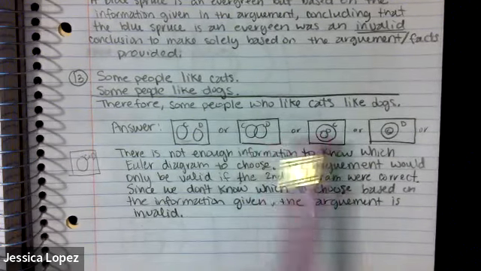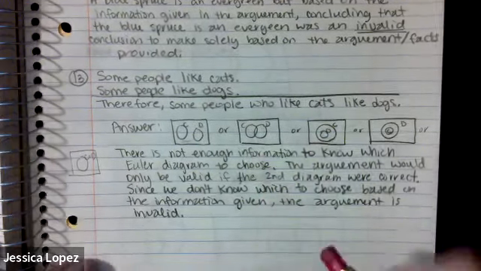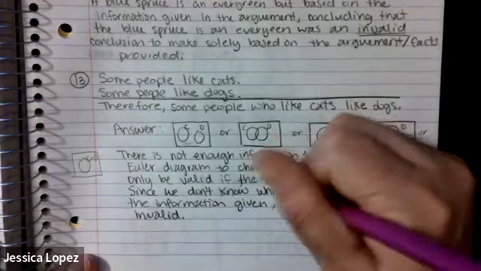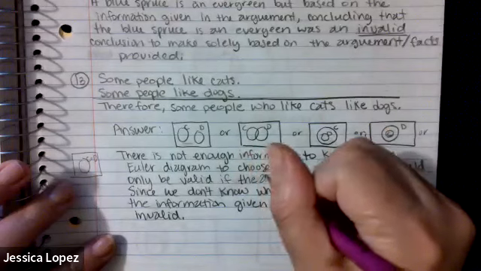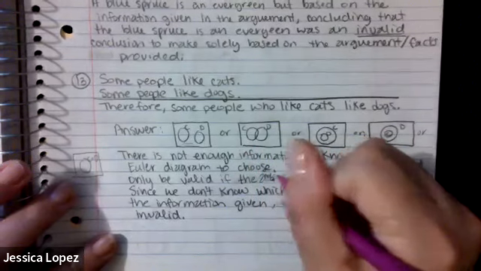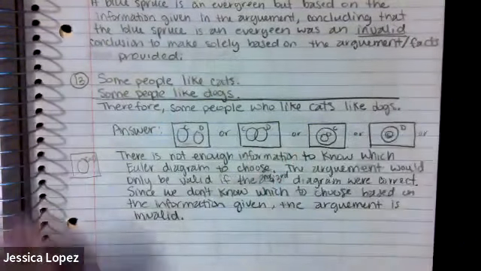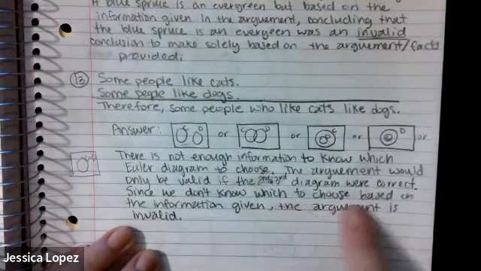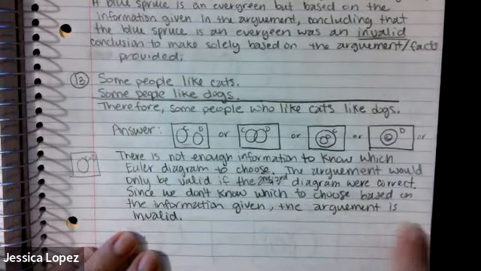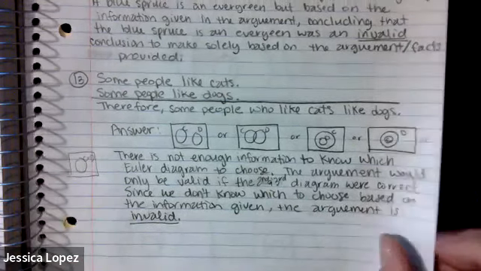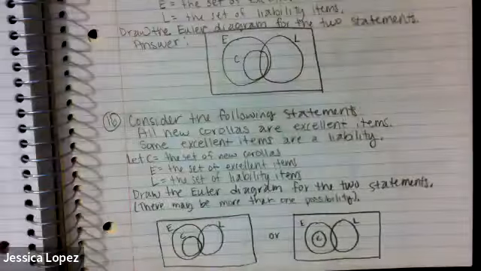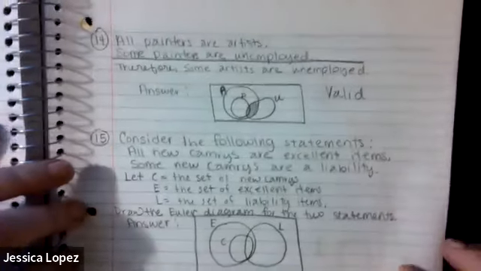So it actually would be these 2. And then here it's all again. Since we don't know which to choose based on the information given, the argument is invalid. You should be able to make a concise conclusion, but I cannot, so it's invalid.